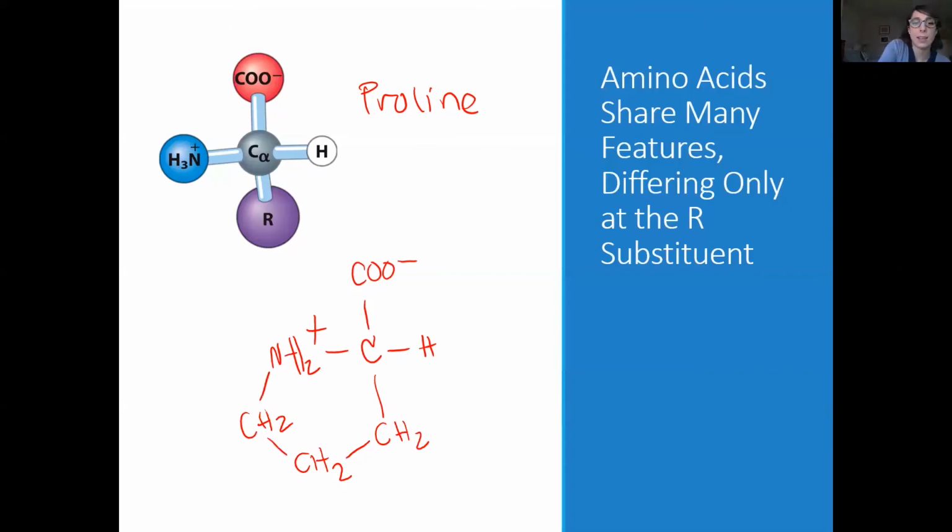So it's a ring that links back onto the amino group. This is proline, and its abbreviation is P. So you can think of the P as looping back on itself, doing this action to remember the structure of proline.